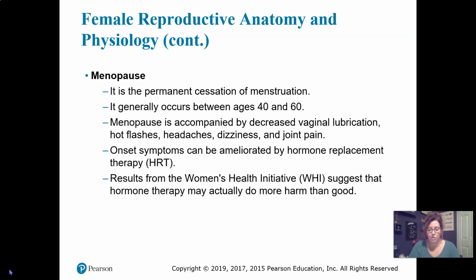Menopausal changes result in decreased estrogen levels, causing symptoms such as decreased vaginal lubrication, hot flashes, night sweats, headaches, dizziness, and joint pain. There's a host of other symptoms that go along with it too, but that's an entirely other class.